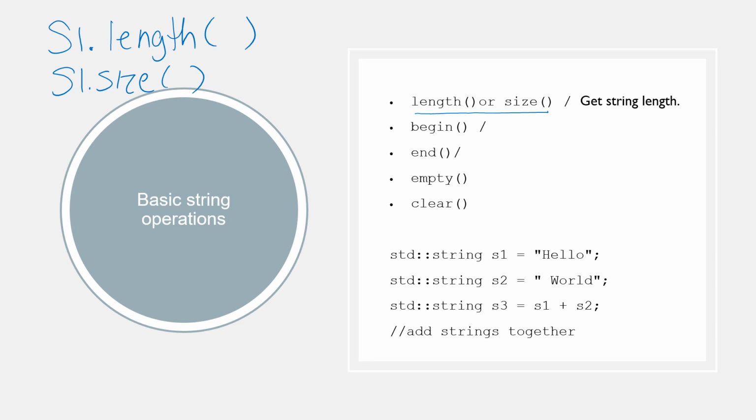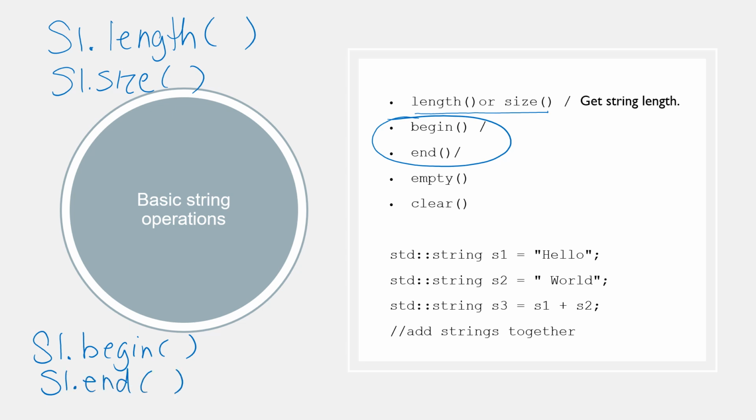Another function we'll be using to reverse strings is begin and end. So you have s1.begin() and s1.end(), and we will be using these functions along with the reverse function to reverse the string, so you don't have to do it the long way as an array. Other things we're going to be using for this assignment are the empty function.